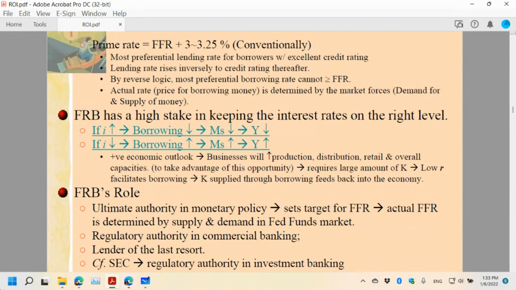Okay? Everyone heard about the SEC, right? No? You know what? No. SEC is the regulatory authority in investment banking.